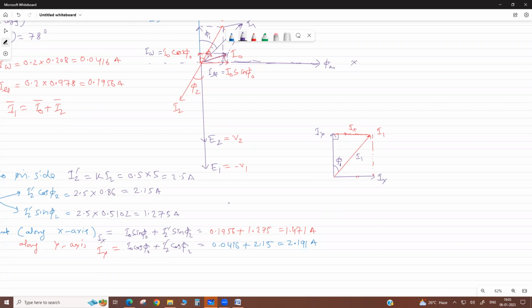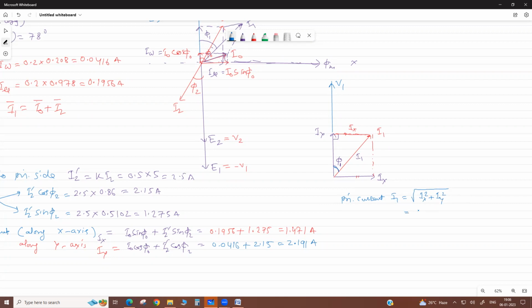So now we can calculate the primary current, and you know along this axis there is V1. This is I1, V1. This is the phase difference phi 1. So here we can write the primary current. I1 equals the square root of Ix square plus Iy square.